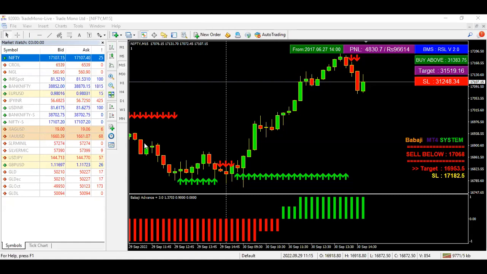Don't expect a big profit here, because we are doing scalping. We are aiming for a 10 to 15 rupee intraday profit. If you are getting 2,000 to 5,000 rupees, just book it and leave for the day. Don't wait for the end of the day, because the market may reverse at any time. The trend is fixed for another 1 hour. When you are trading on 15 minutes, the next 1 hour trend is fixed, so when you get the profit in the next 1 hour, exit the strategy.